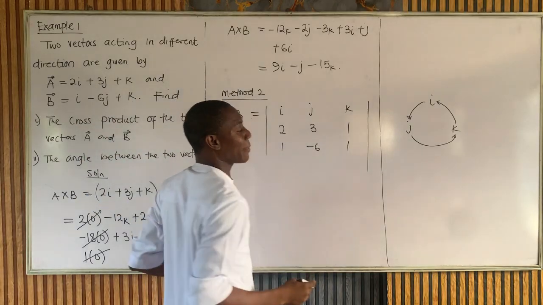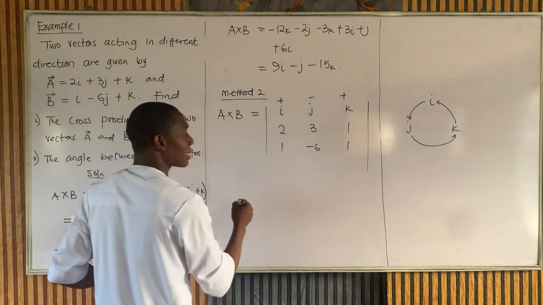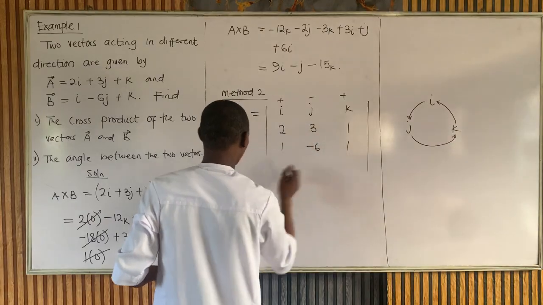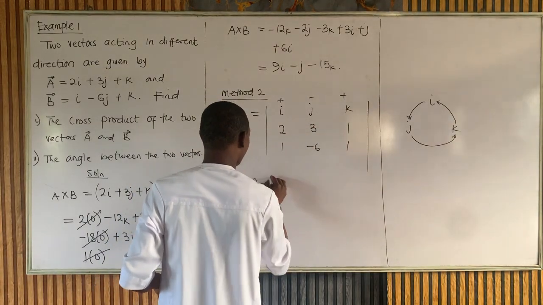Then you take the determinant of this. Plus, minus, plus, don't forget to look for determinant. This is going to be close here and here. This 3 times 1, that's 3. Minus 6 times this, that's minus 6.